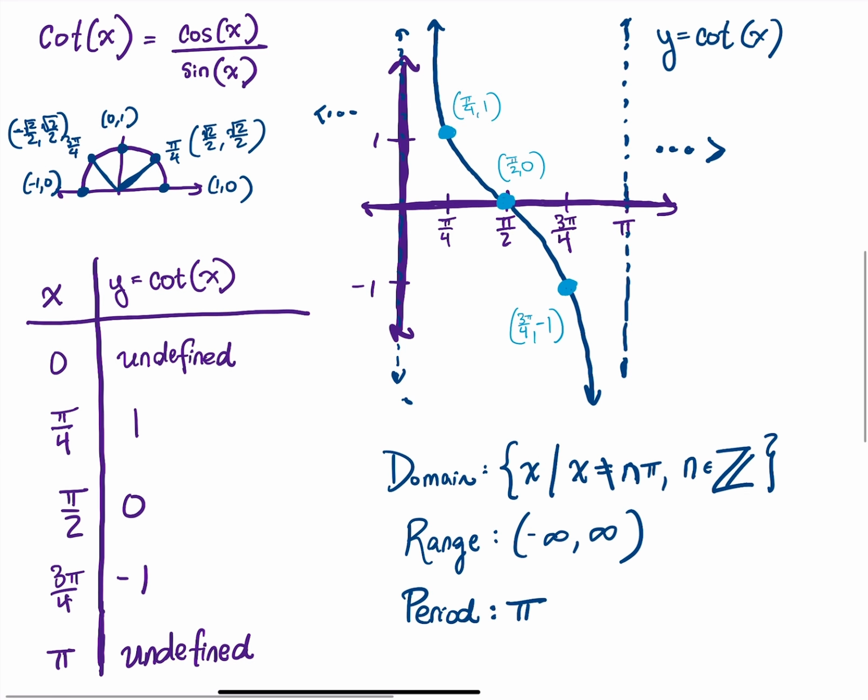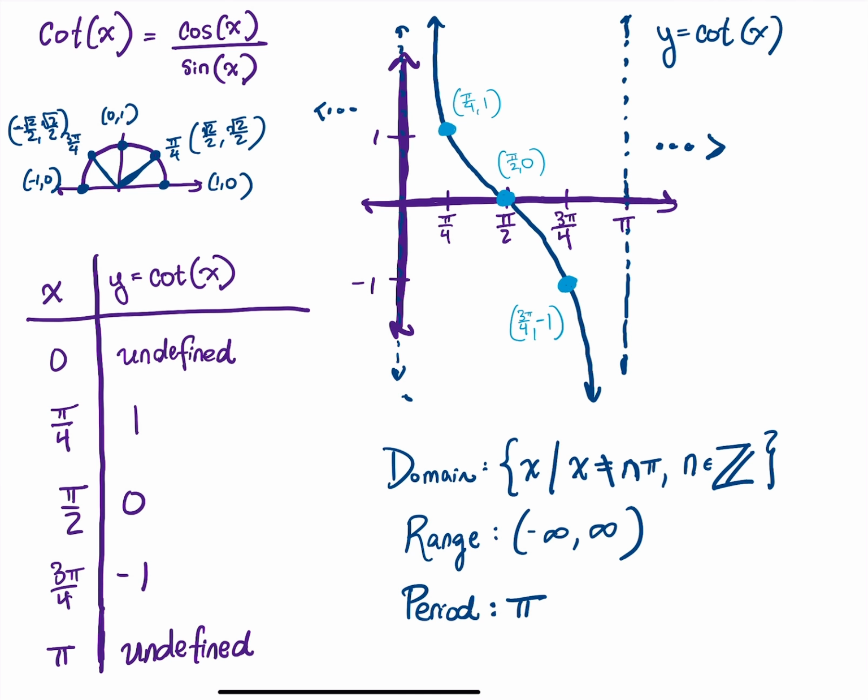So that's the standard graph of the cotangent. It also has x-intercepts. Notice it kind of trades properties with the tangent. The cotangent has intercepts wherever our asymptotes were for the tangent, so odd multiples of pi over 2. And the cotangent has asymptotes wherever the intercepts were for the tangent, at multiples of pi.